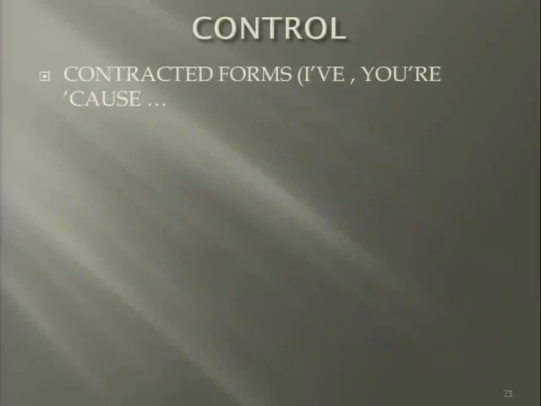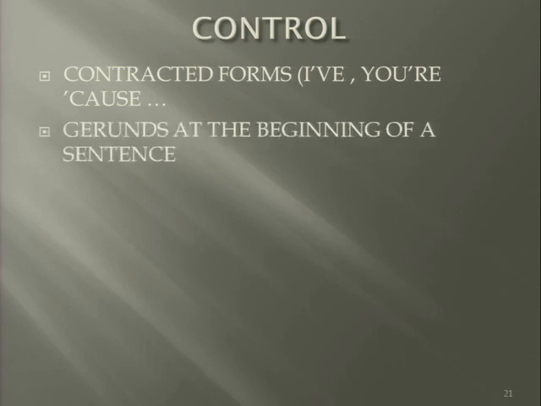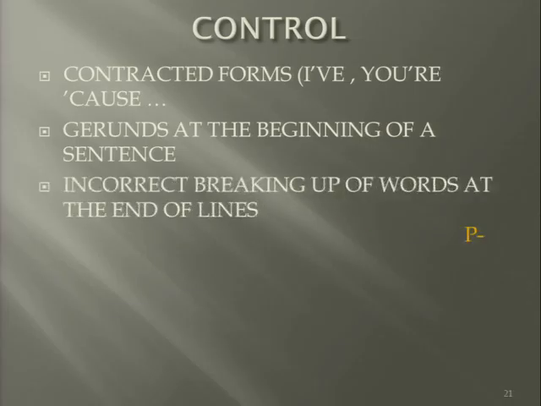Now, you may not use contractions, words like don't, can't, I've, and 'cause, though that is informal. You cannot use that in formal writing. And beginning a sentence with a gerund like "walking to school is one of my favorite habits." No, you have to use a formal, full sentence that is well structured.